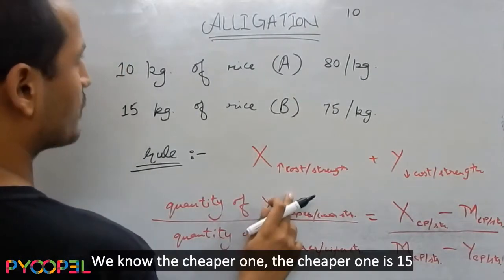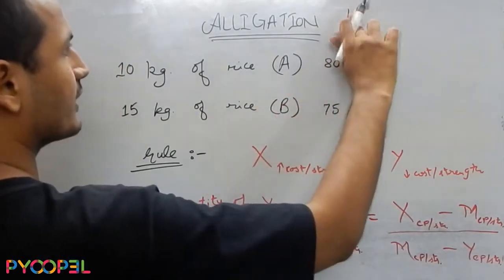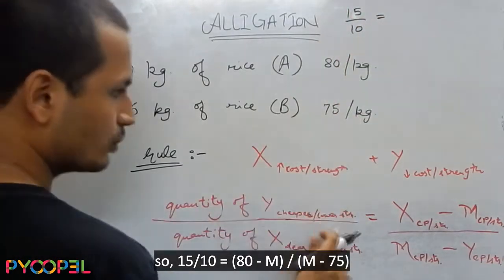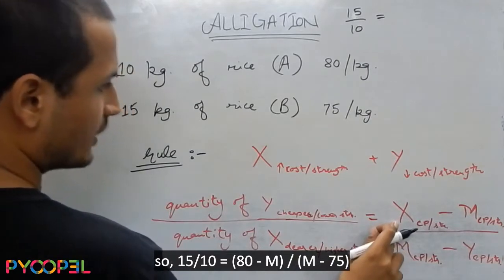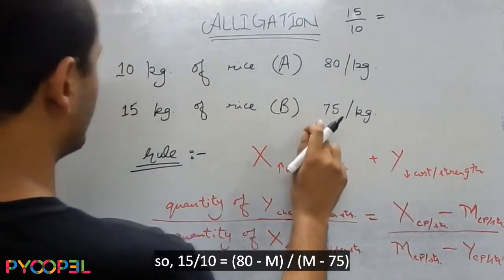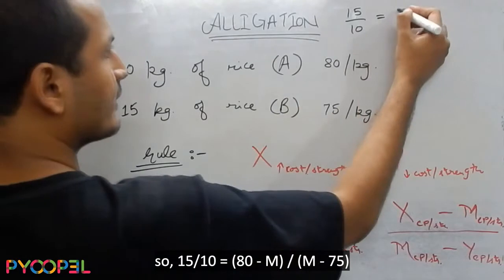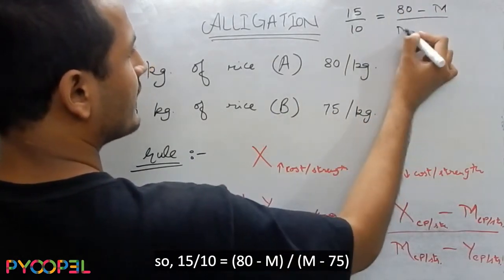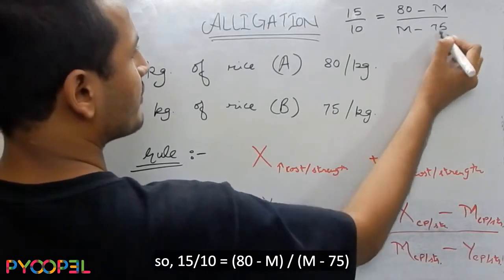Now we want to know what will be the price of the mixture. So how do we do that? See, we have mixed 10 kgs and 15 kgs of rice, so we'll put that in the formula. We know which is the cheaper one. The cheaper one is 15. So 15 upon 10 is equal to the dearer one, cost price here is 80, minus mean, the cost price for the mean, divided by mean minus 75.